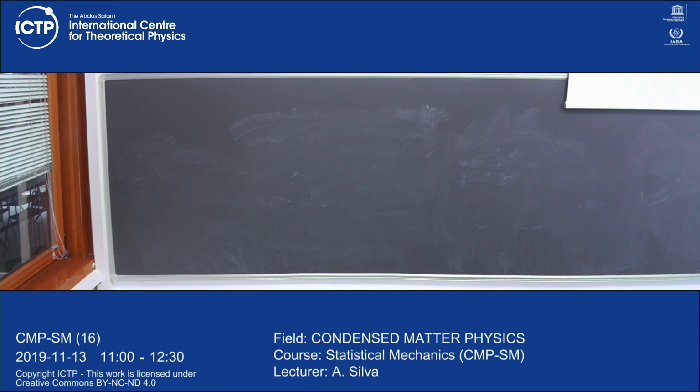And this implies that z is approximately equal to n minus b bar 2 n squared plus higher orders. Okay?